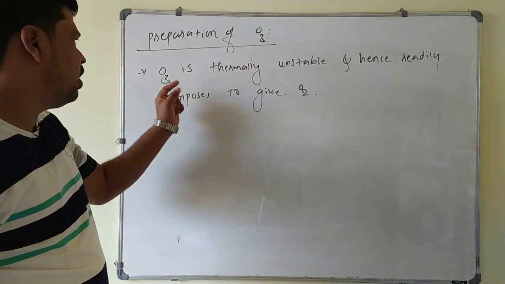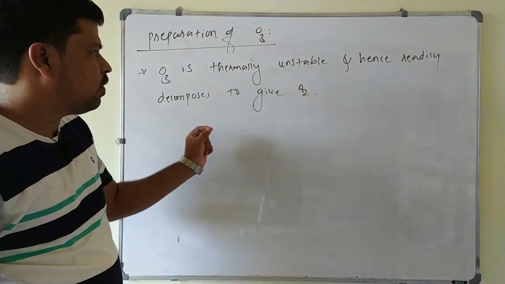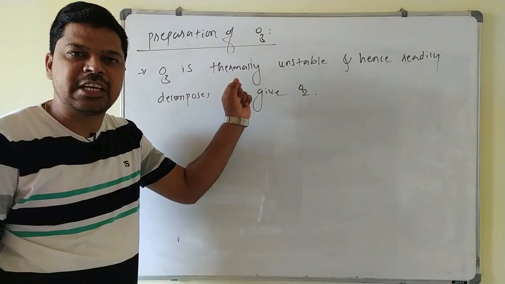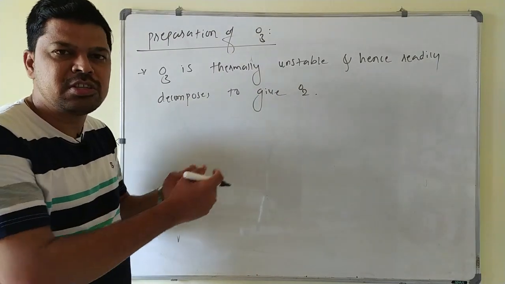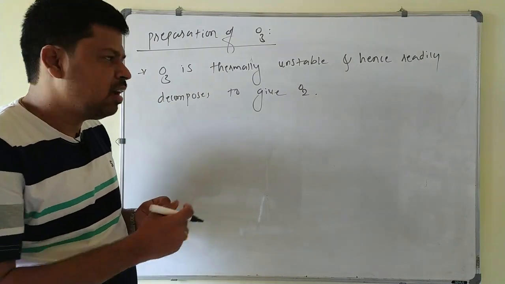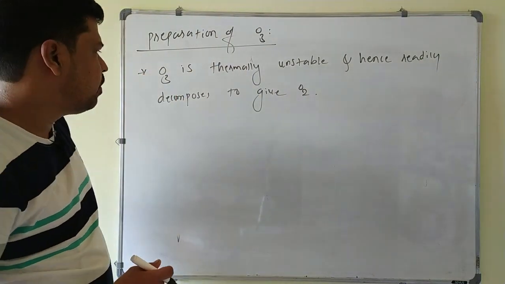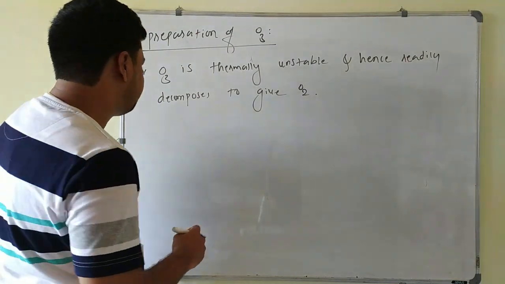The decomposition of O3 is highly exothermic. That's why a high concentration of O3 is explosive in nature, because the more the concentration of O3, the more the decomposition and the more heat is released outside. So a high concentration of O3 is explosive in nature.